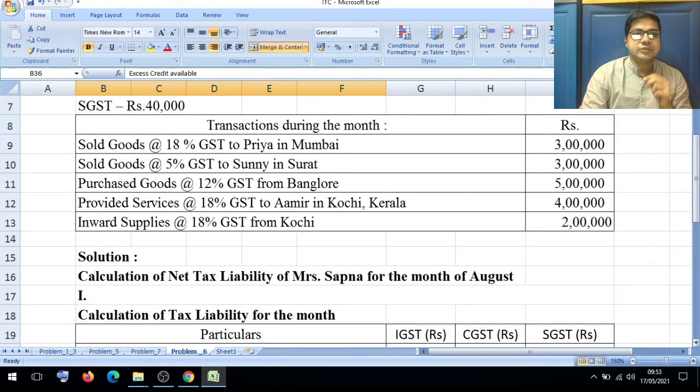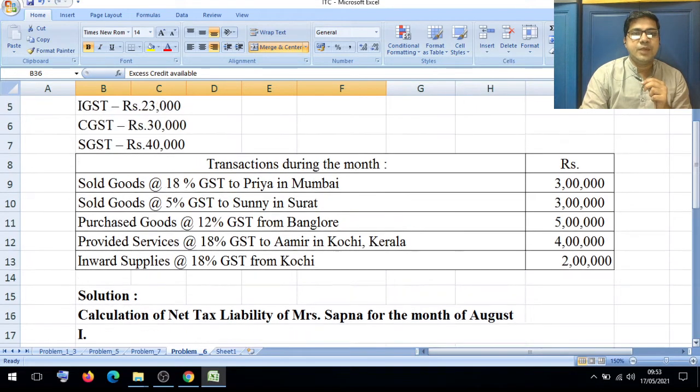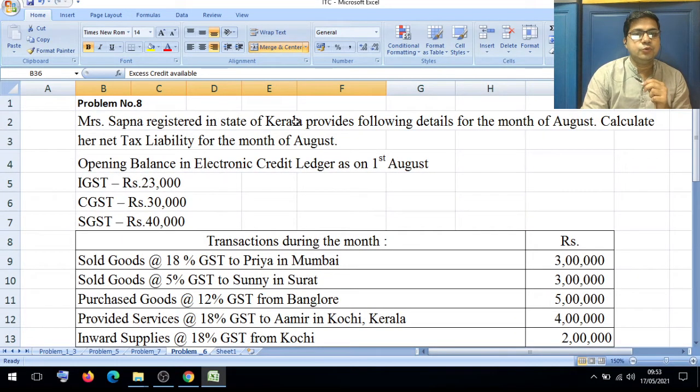Now friends, first transaction: goods sold at the rate 18% GST to Priya in Mumbai. Now Sapna belongs to Kerala, and she sold the goods to Priya, who belongs to Mumbai. It means goods are supplied from Kerala to Mumbai.